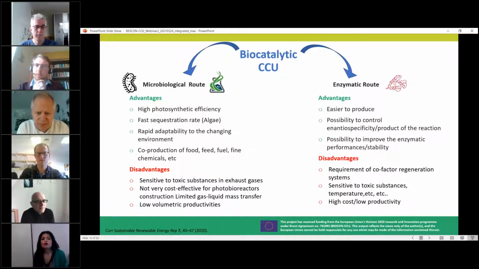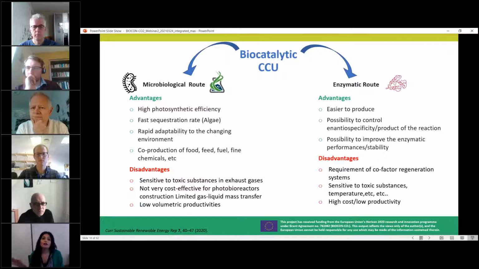I'm going to focus more on this part, as Tom afterwards is going to talk much better than me on the whole enzymatic part. Amongst the microbiological ones, we distinguish mainly between, as I said, microalgae and bacteria, and I'm going to give you a few examples of the application of these microorganisms.